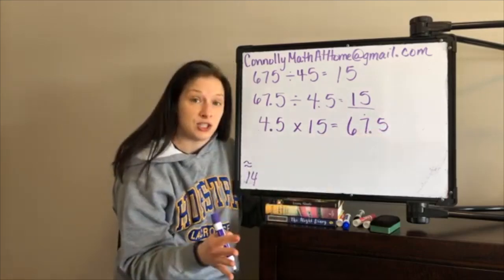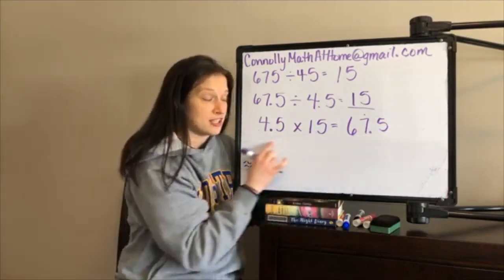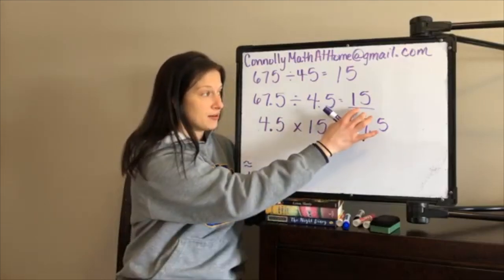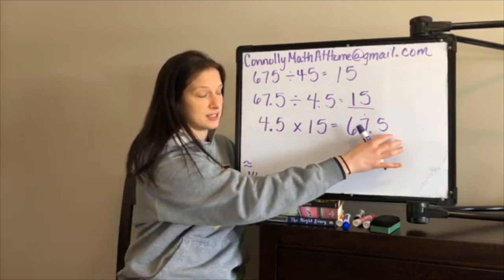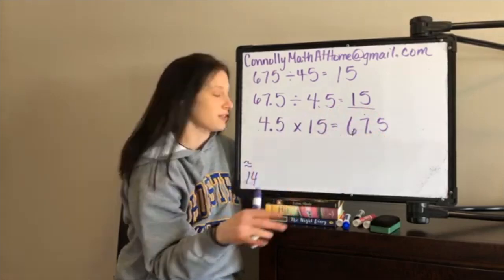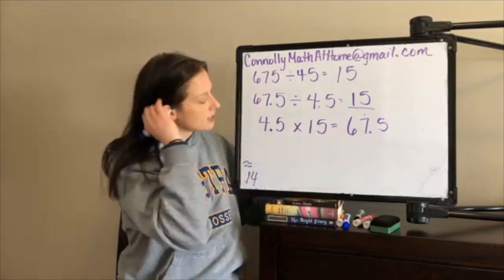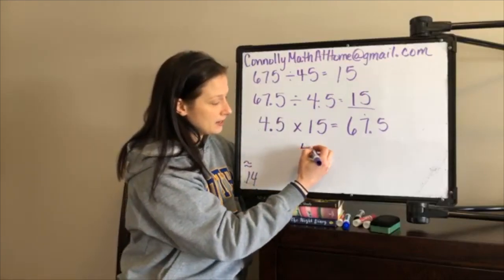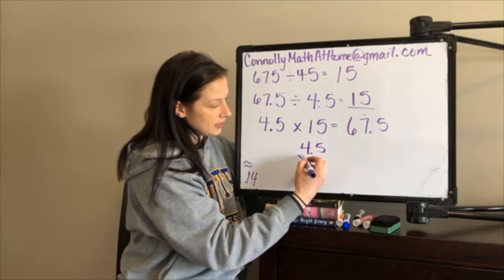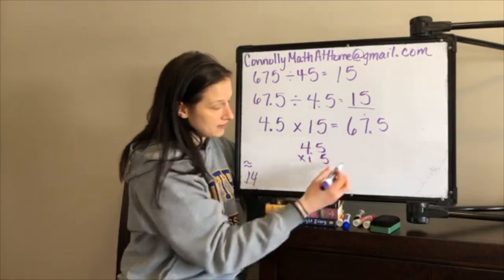Okay? To check with multiplication, I just want to make sure that this all checks out. You can see that I wrote this 15 times 4 and 5/10 equals 67 and 5/10. You know that there's that relationship. I'm not going to go over it in depth. So let's see if this matches 67 and 5/10.